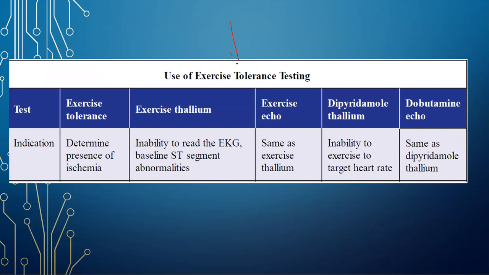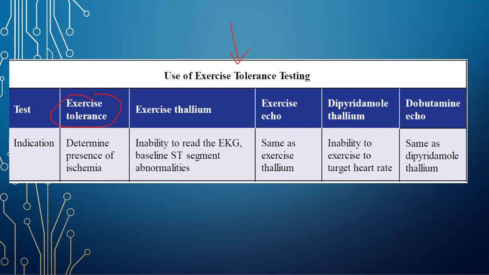So these are all the tests that you do for this sort of patient who doesn't have any ECG problem or raised troponin, but is a high risk chest pain patient. For high risk chest pain patients, the first thing to consider is exercise tolerance test.